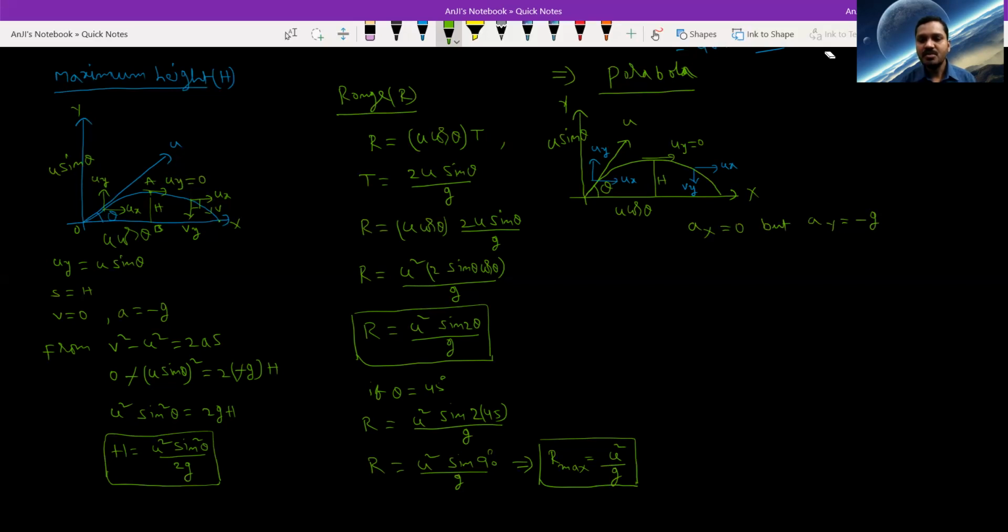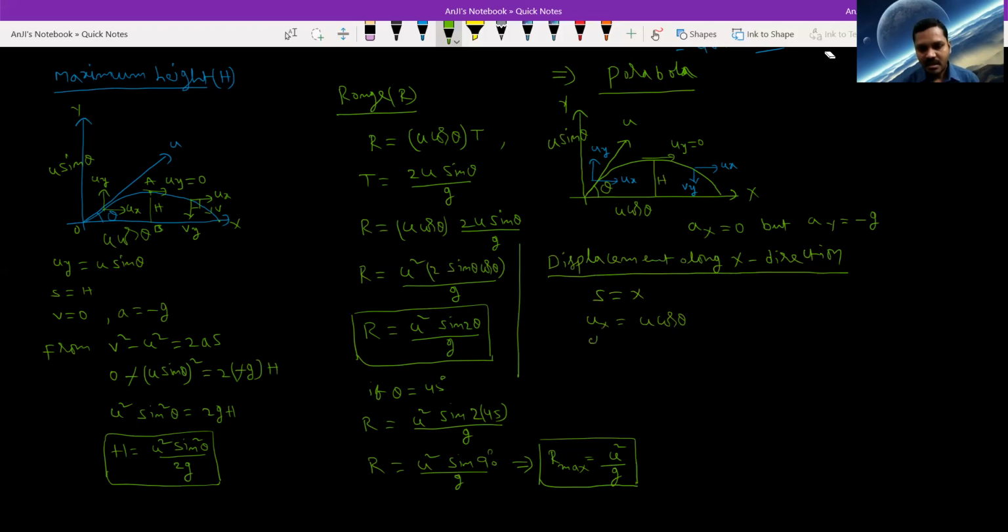So first I am taking the displacement of the projectile body along x direction. Here S is equal to x, and velocity of the projectile body along x direction is u cos theta, and acceleration along x direction is equal to 0.